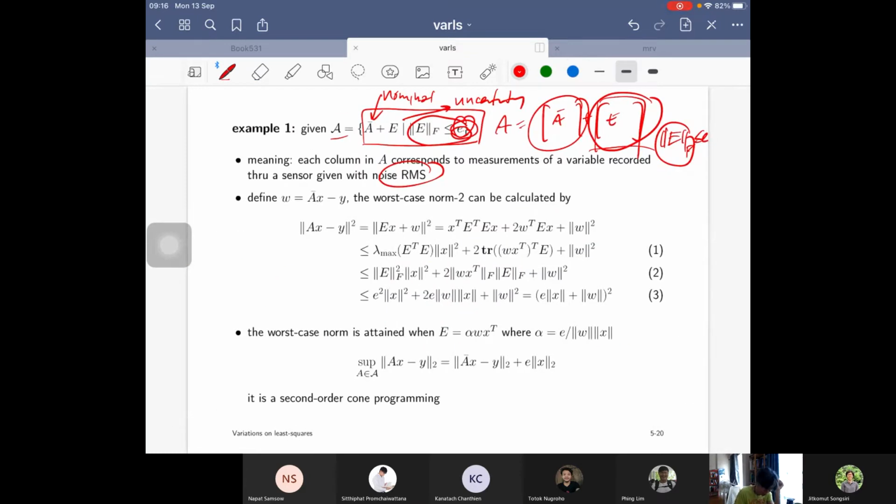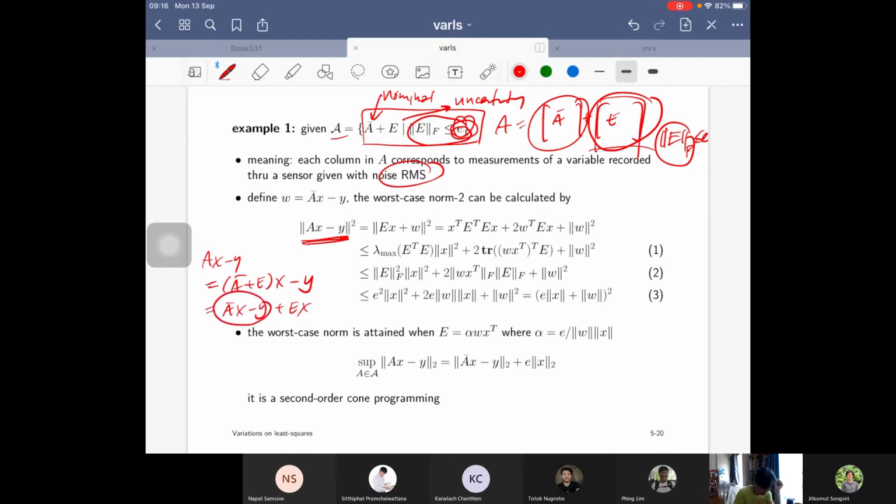Now I'm going to start with the two norm square. So Ax minus y is going to be, I plug in A bar plus E x minus y, and that is A bar x minus y plus Ex.